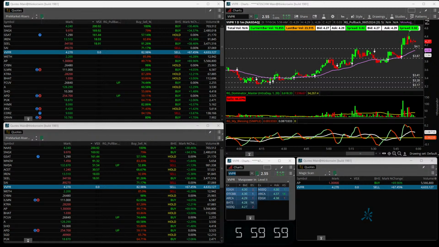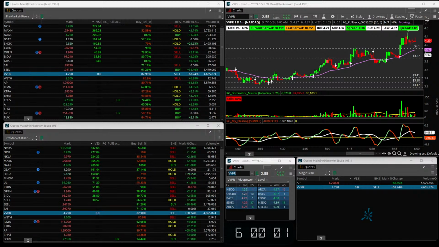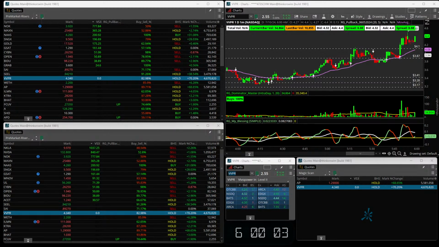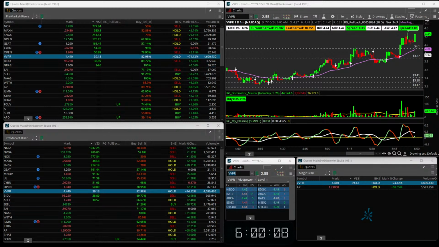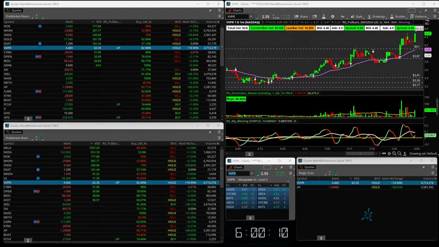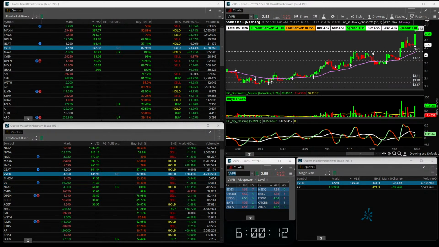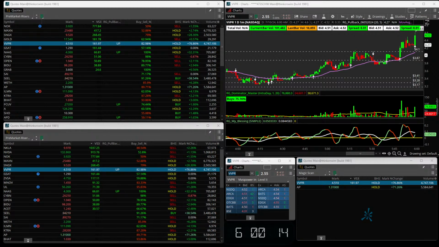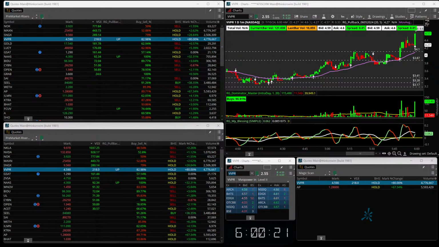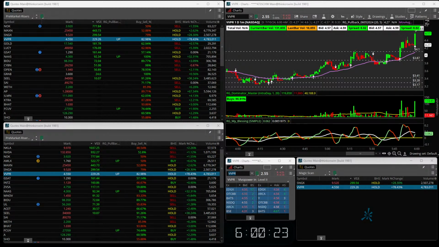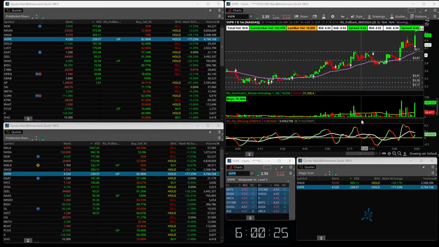All right, let's see if it gives me a chance to mark support and resistance, or does it just take off and fly? Let's see. Pushing up slightly. Indicators look good.